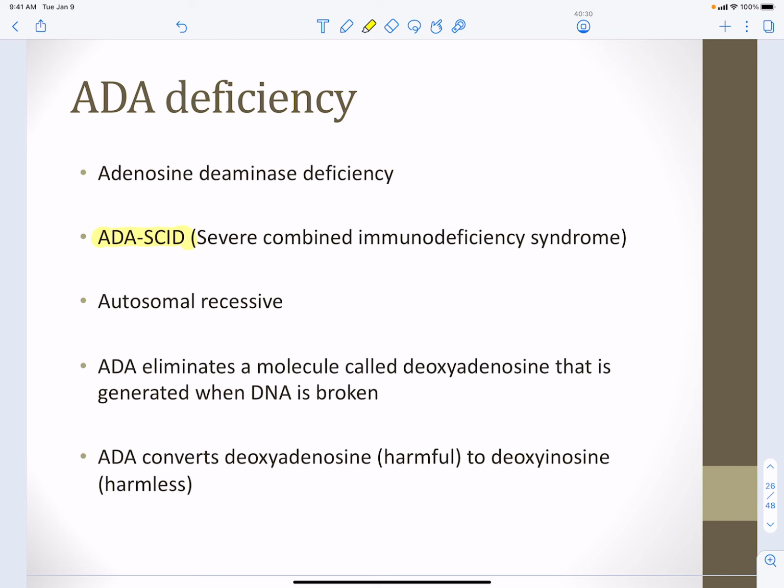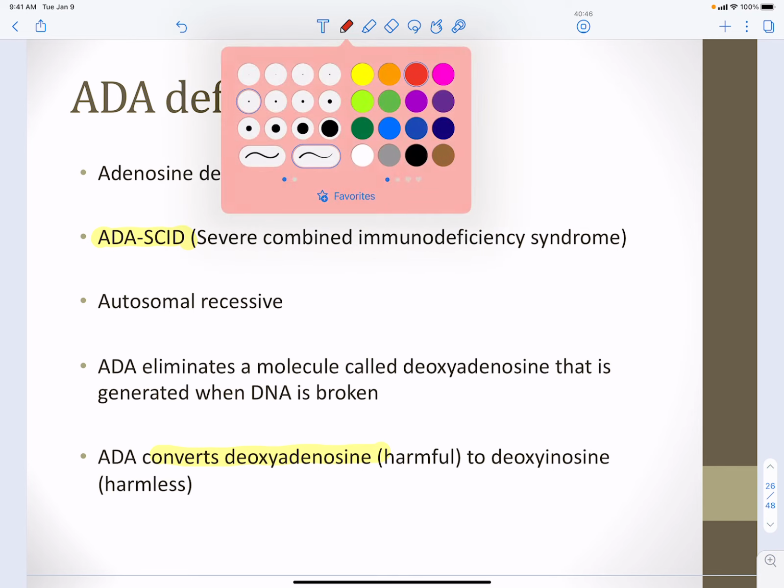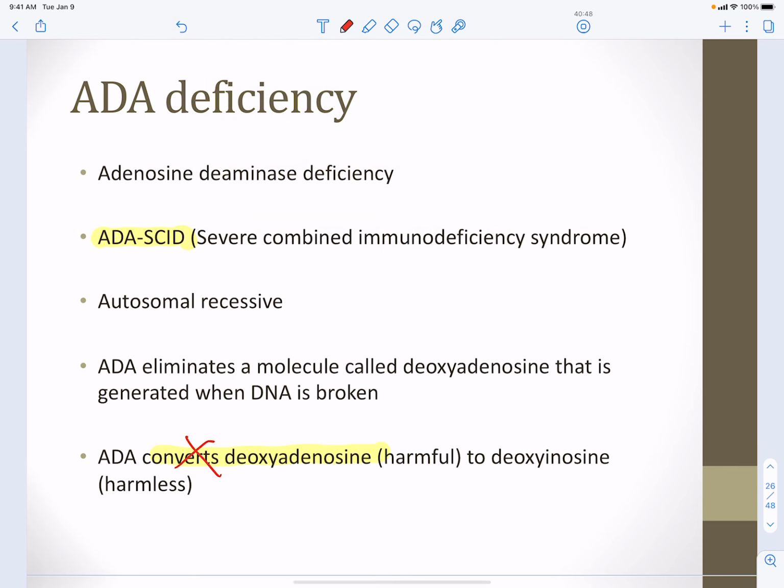And then the ADA will convert the deoxyadenosine to deoxyinosine, which is harmless. And so ADA deficiency does not allow you to do this conversion, and so you block that, and you are going to basically lead to an increase of deoxyadenosine, and that is toxic to cells.